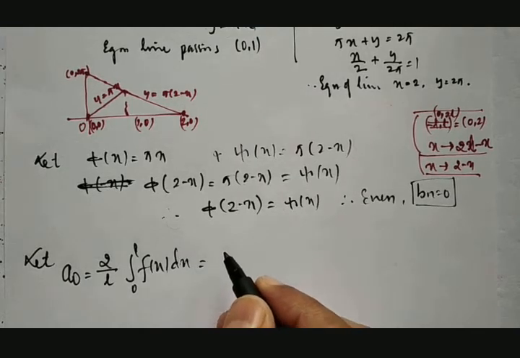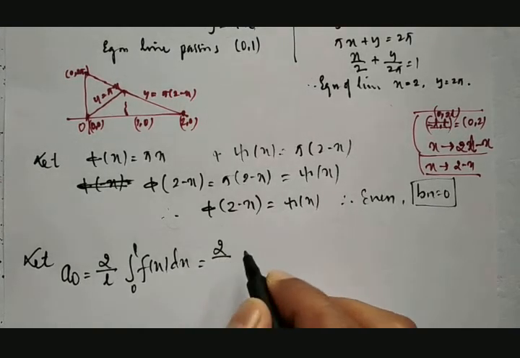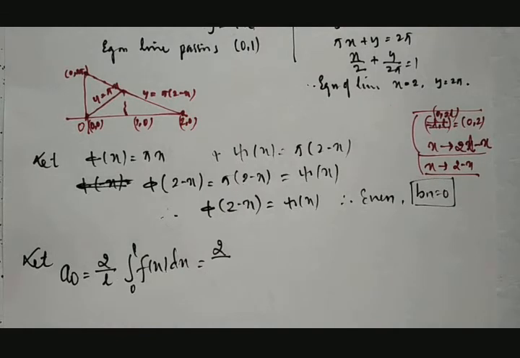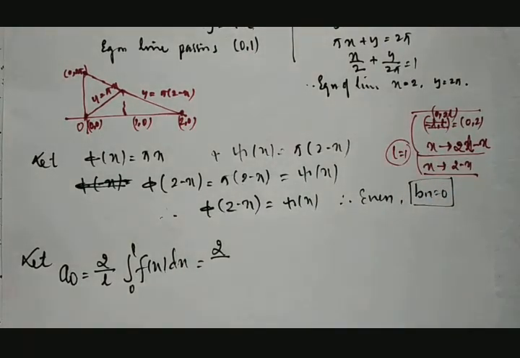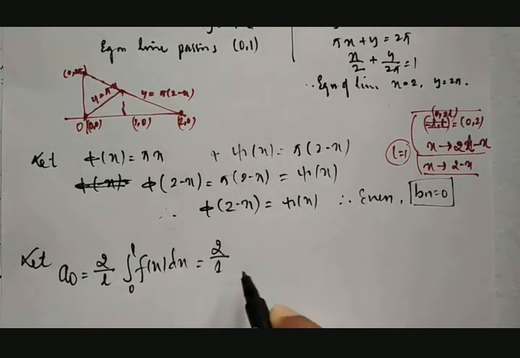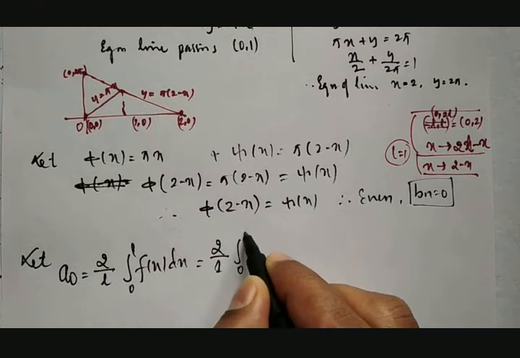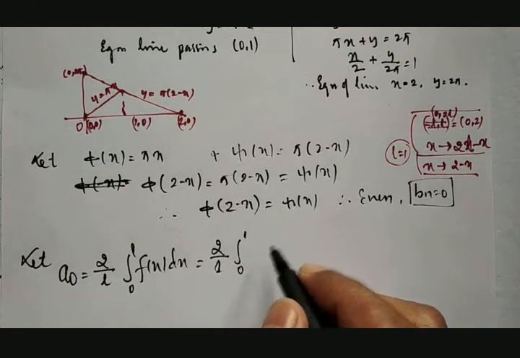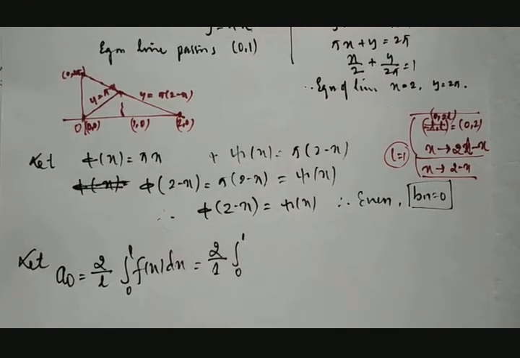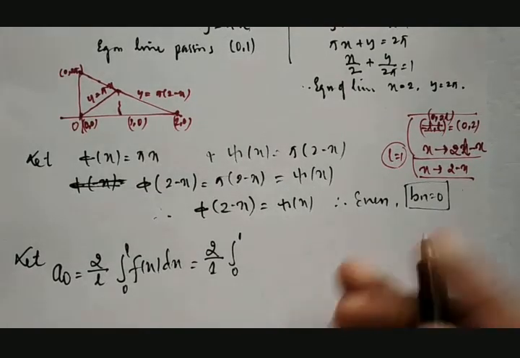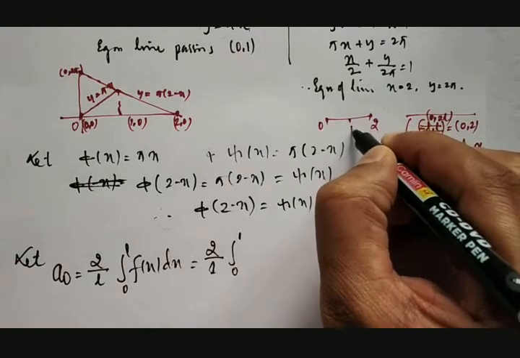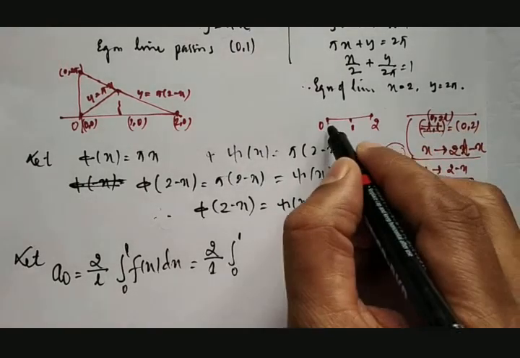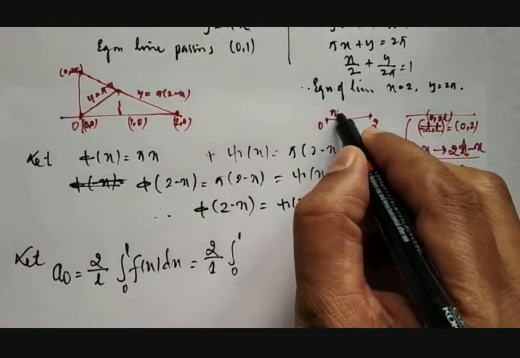Since in this case L is equal to 1, it becomes 2 divided by 1 integration between 0 to 1. What is f of x between 0 to 1? That we also need to check here. It is between 0 to 2, and between 0 to 1 this is pi x.